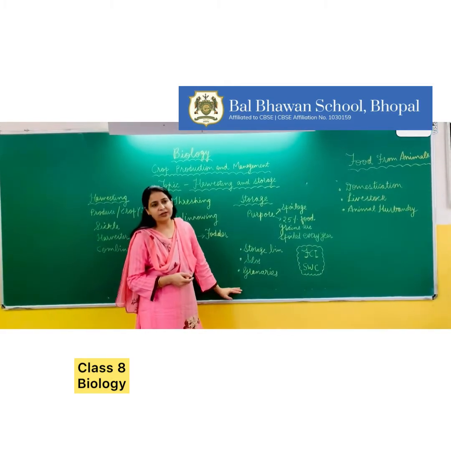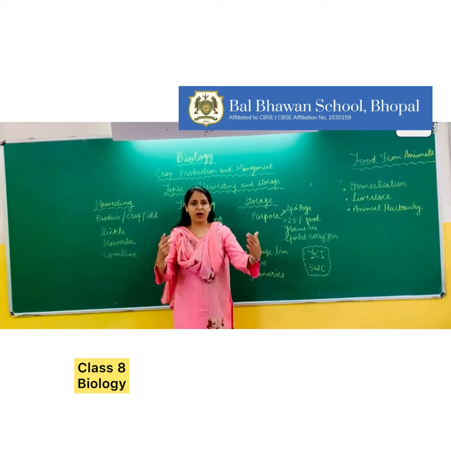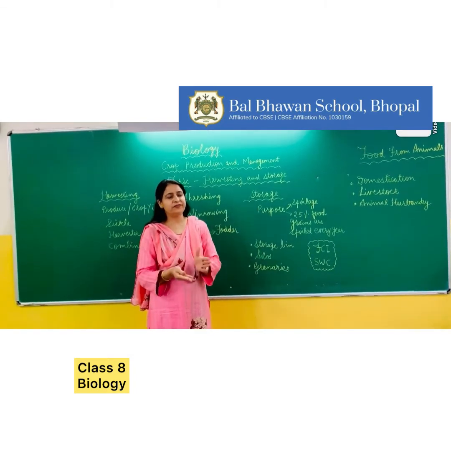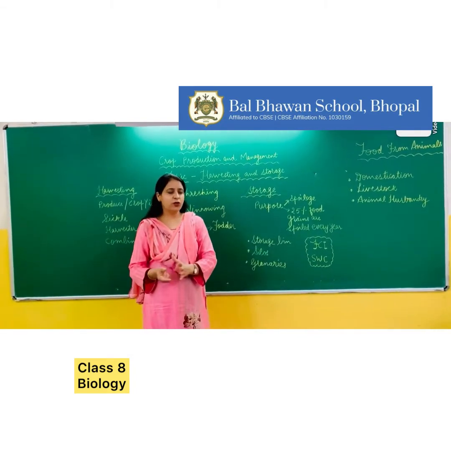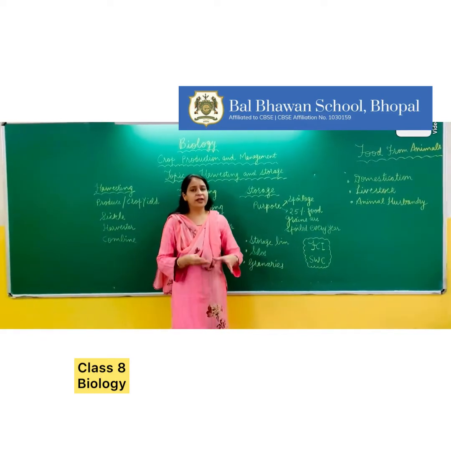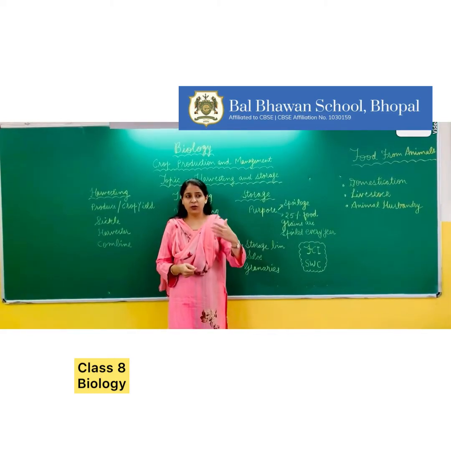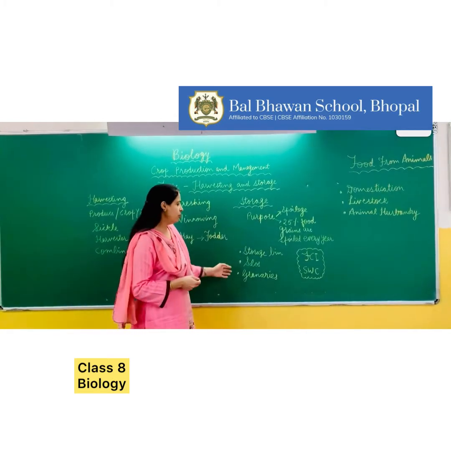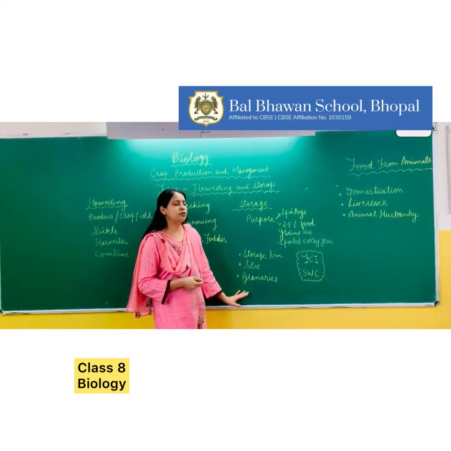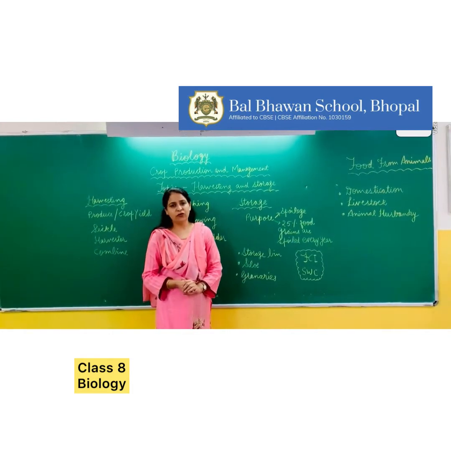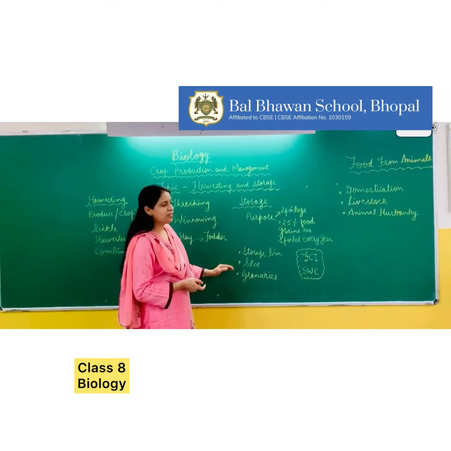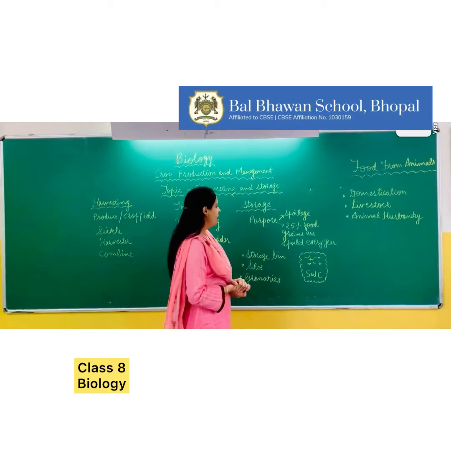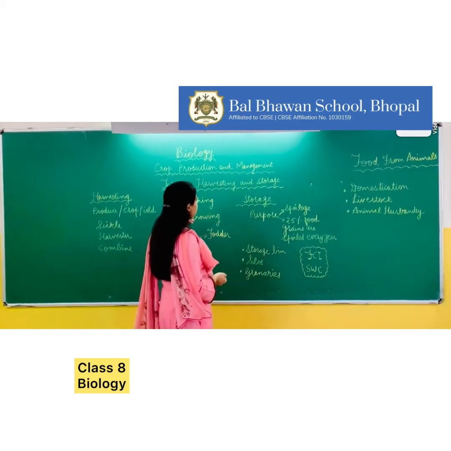Granaries are very big warehouses where the sacks of seeds are stored, and there are exhaust fans so that all the moisture and humidity keeps going outside the room. So granary storage and silos can be used for storage, which helps in the prevention of spoilage of food grains. Now all these topics are finished.